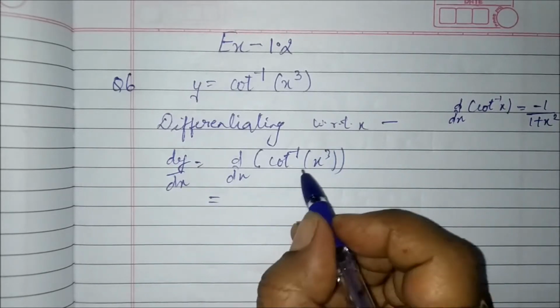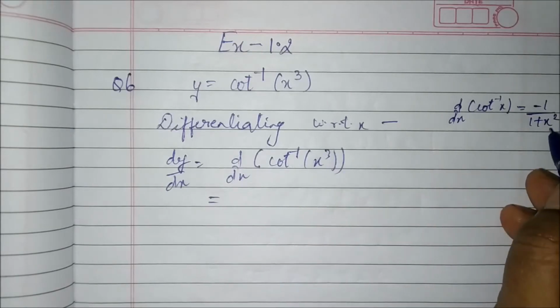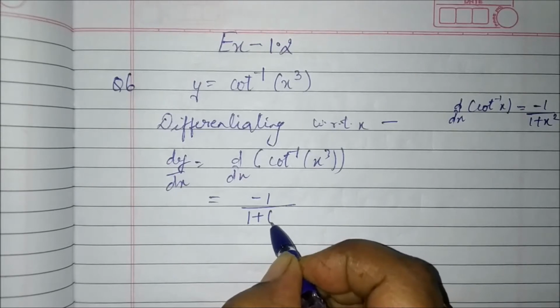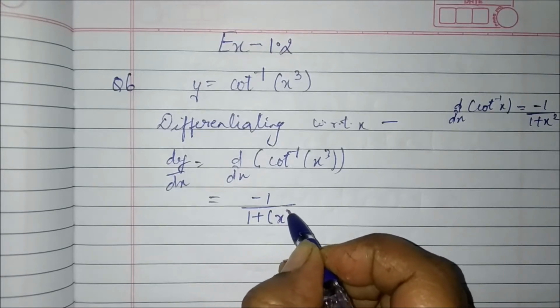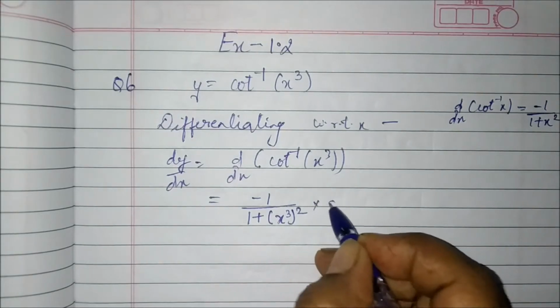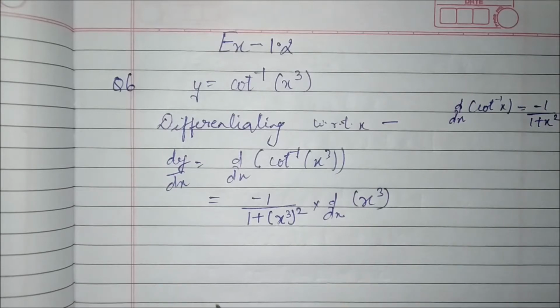Now cot inverse, consider this as x. Applying this formula, we get minus 1 upon 1 plus x square, but in place of x we have to write x cube, into d by dx of x cube.